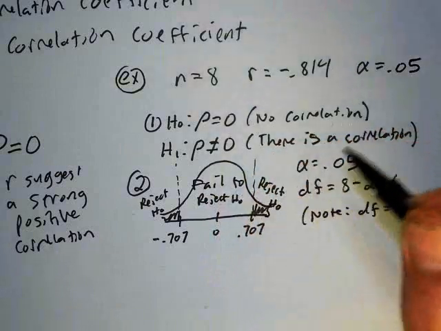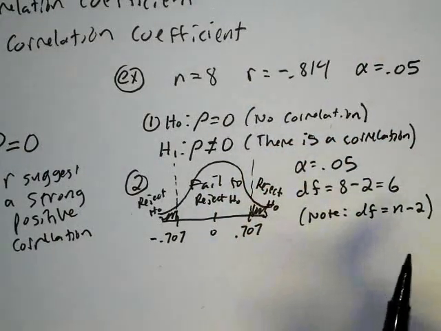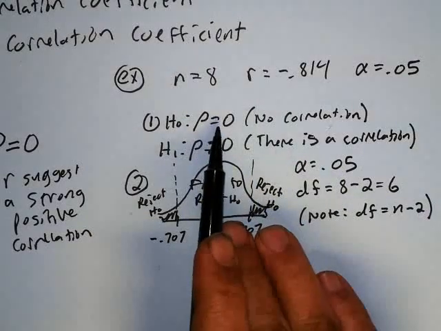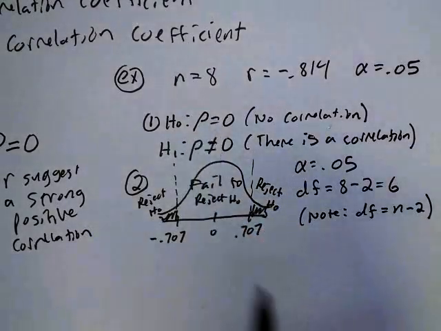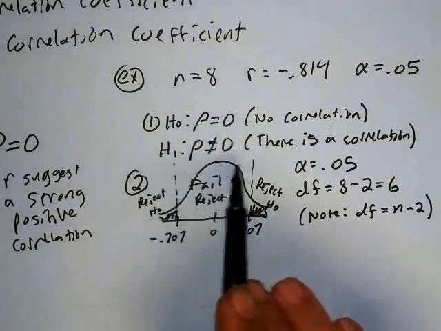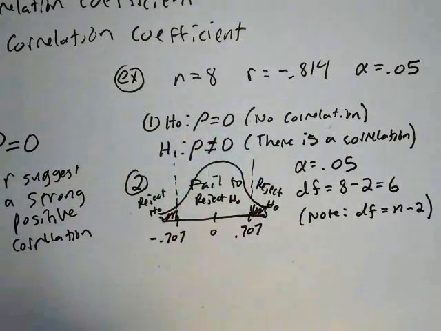And notice by rejecting H naught, we're not rejecting that there's a correlation. H naught says there's no correlation. So in order to show a correlation, we have to have enough evidence to reject H naught in favor of the alternative that says that there is some correlation.